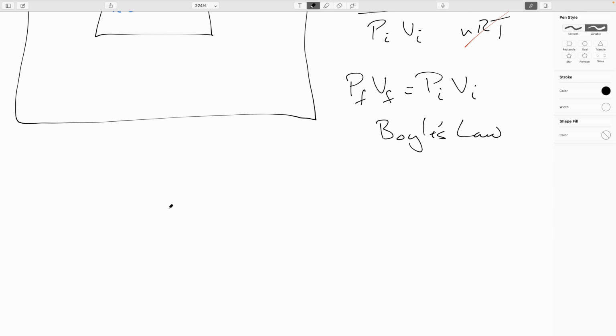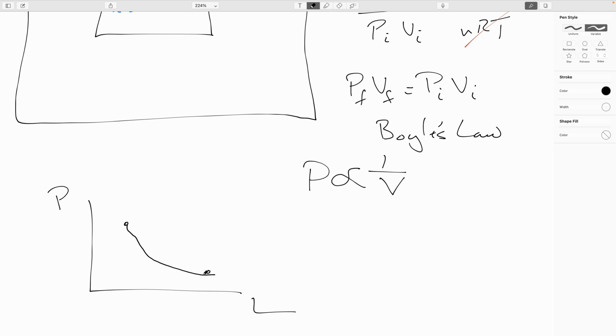The deal here is that the product of pressure and volume has to be a constant. So this means that in an isothermal process, the pressure is inversely proportional to the volume. So if I make a PV diagram, I have to follow something that looks like 1 over x, basically.